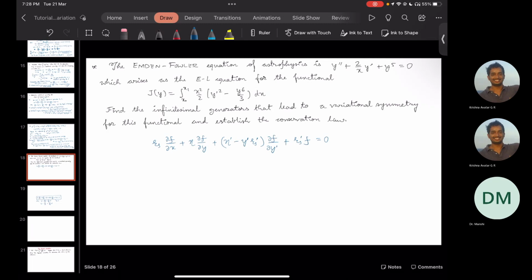So the integrand is, you know very well, this is f. So let's start with partial f by partial x, which is x into y plus 3.